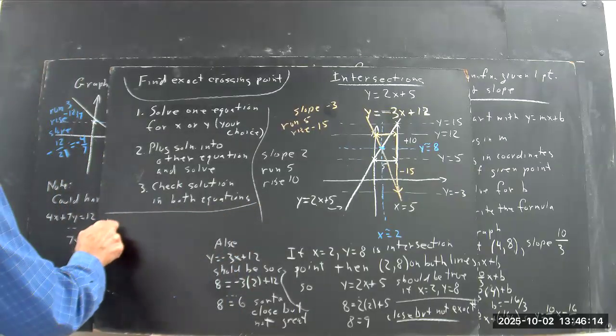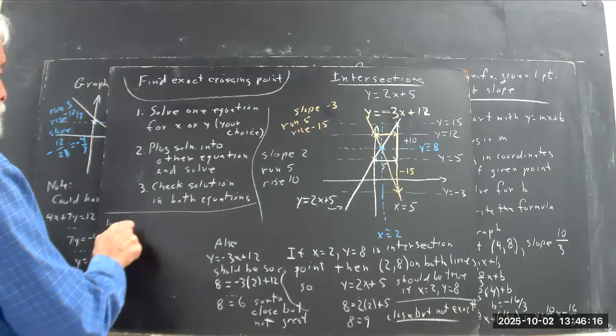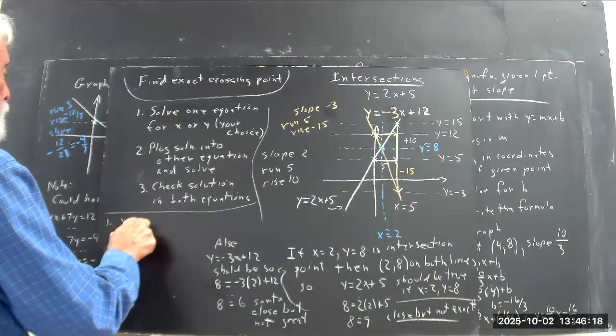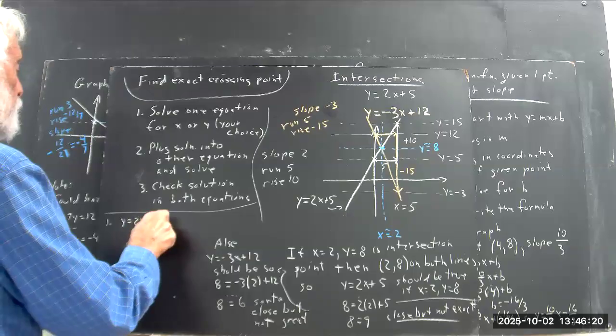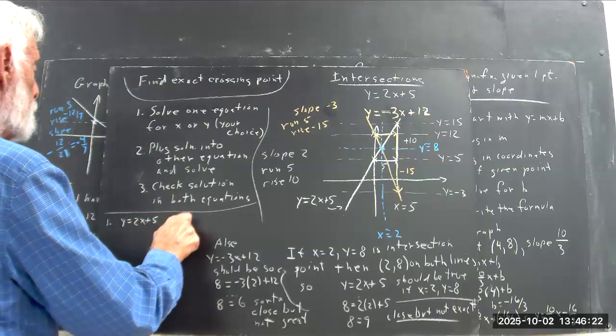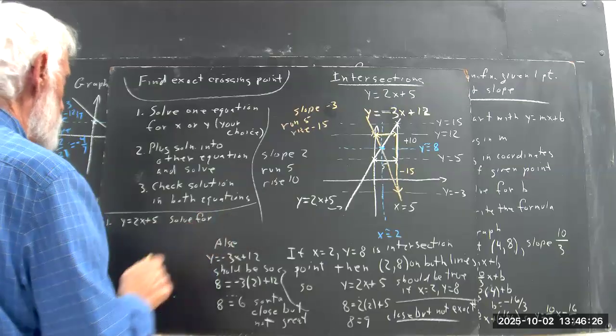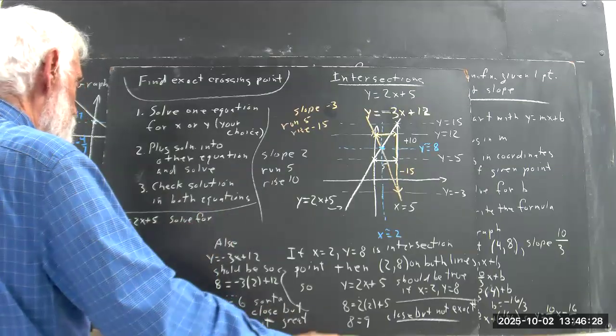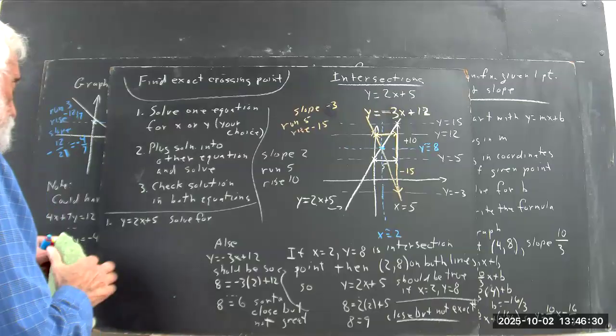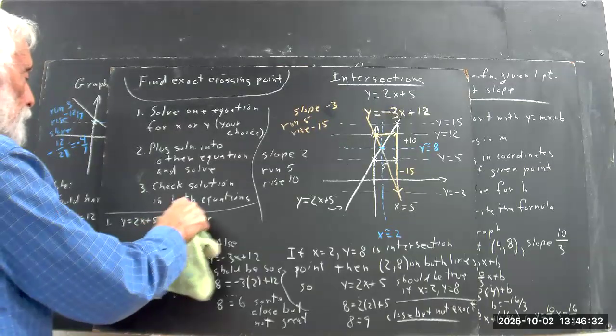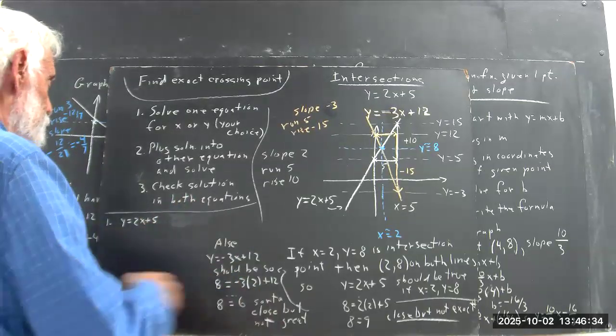So, step 1. I said something about dividing by 2 rather than -3.